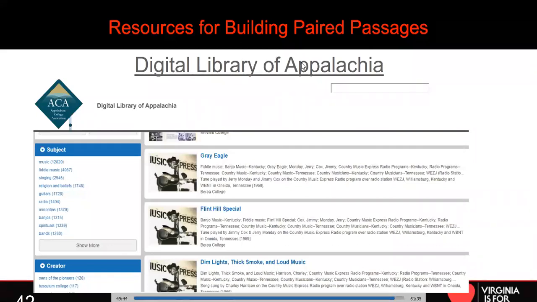But because so much of that work and so much of that art is embedded in the Depression era and during the war eras, it's something that can be really easy to bring into your history classroom as well. Again, even just looking at pictures from early Appalachia can be a really great stimulus for a larger writing or reading assignment. So I would encourage you to check out the Digital Library of Appalachia.